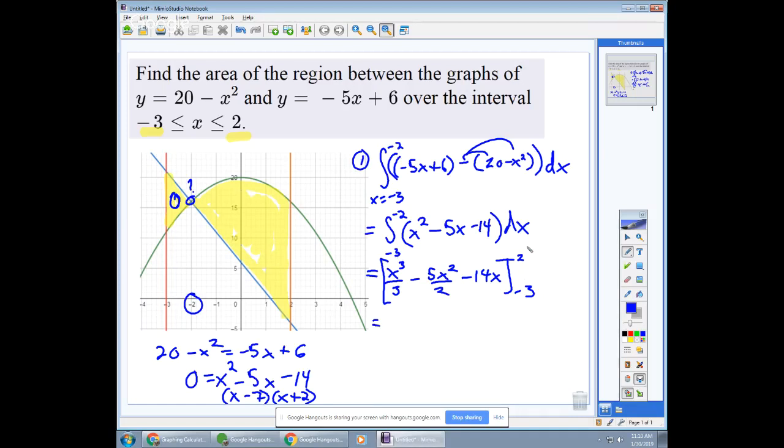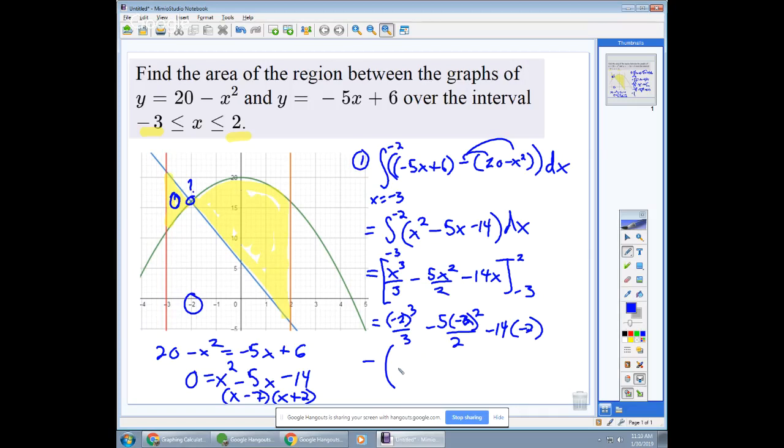Technically, I've got -2 cubed over 3 minus 5 times -2 squared over 2, use parentheses, minus 14 times -2, all minus parentheses. Wait, why is that a -3 in the second parenthesis? Sorry, I must have looked over there.